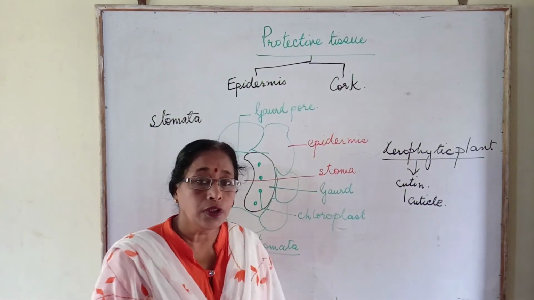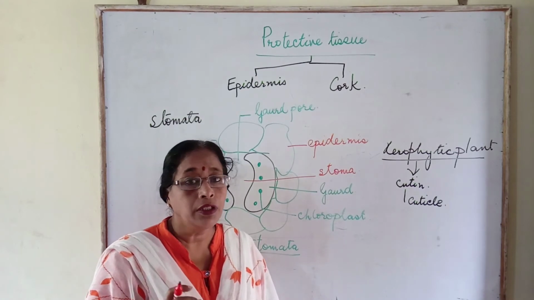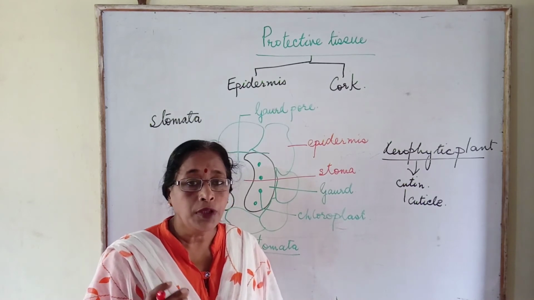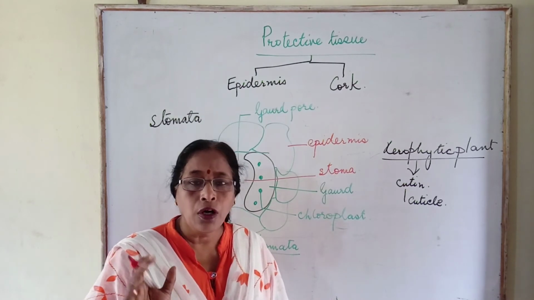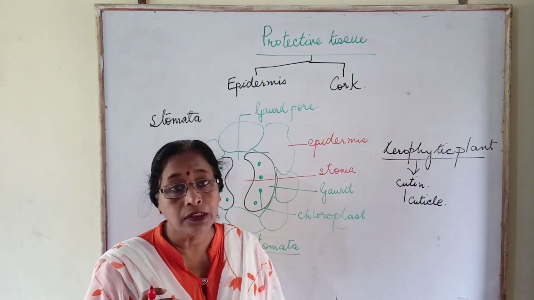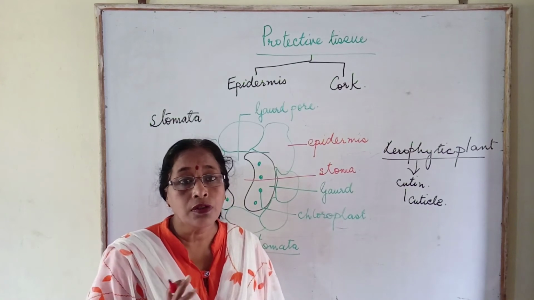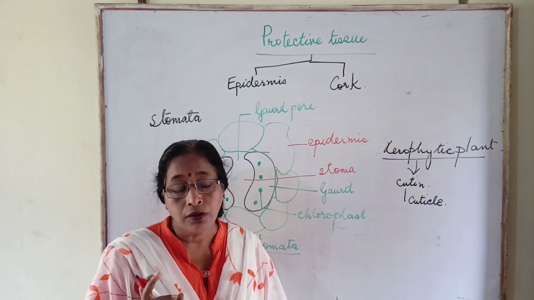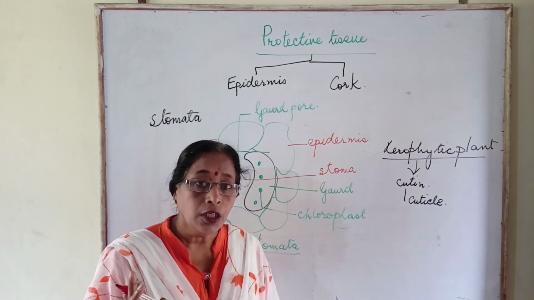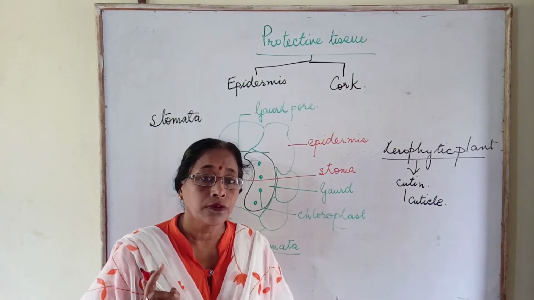So, as told, the guard cells or the stomata help in the removal of excess water from the plant in the form of vapor. They also help in the exchange of gases. This is also a very important function done by the stomata. They not only help in the removal of extra water, but they also help in the exchange of gases.